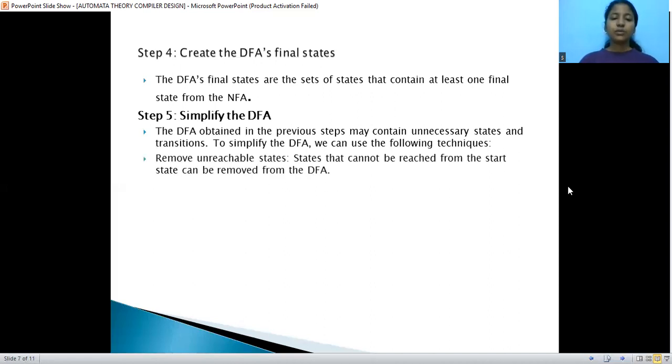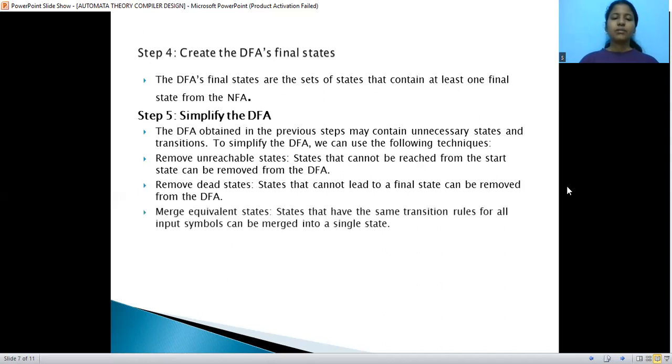Remove unreachable states: states that cannot be reached from the start state can be removed from the DFA. Remove dead states: states that cannot lead to a final state can be removed from the DFA. Merge equivalent states: states that have the same transition rules for all input symbols can be merged into a single state.